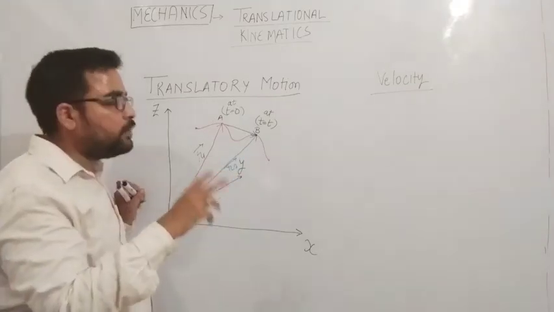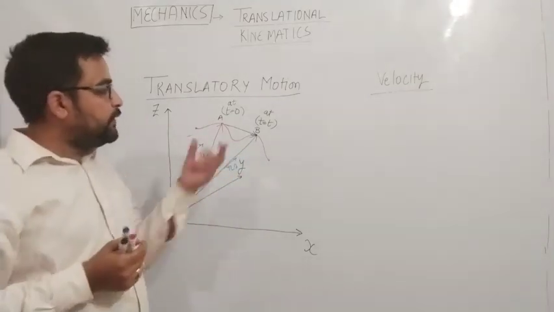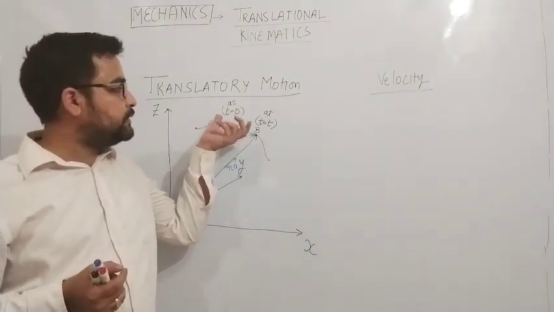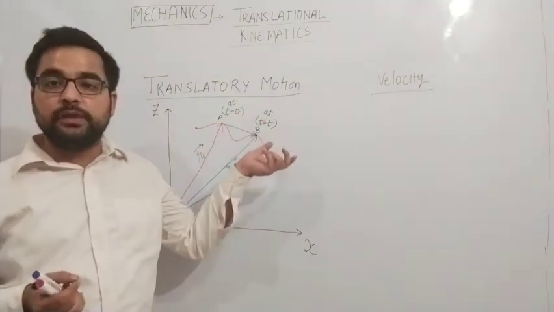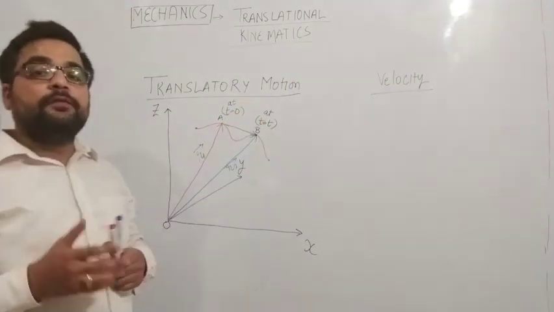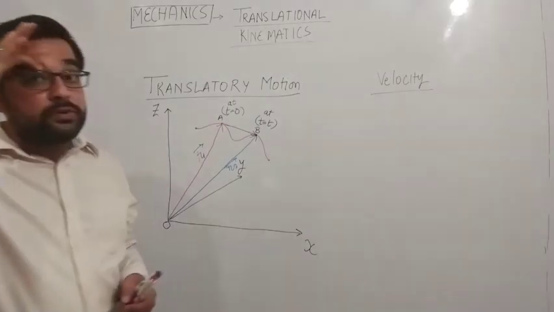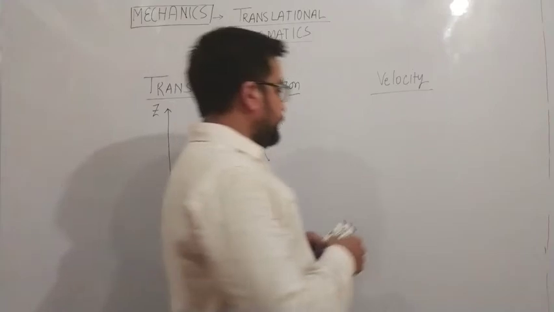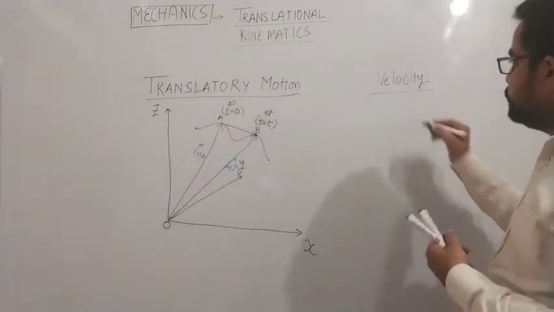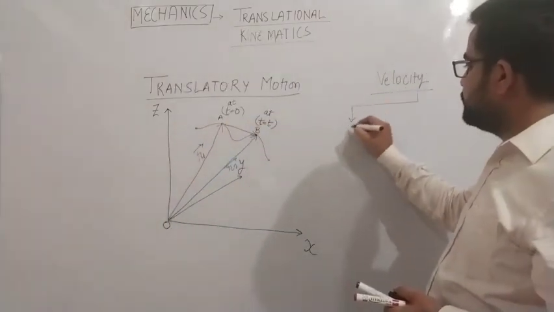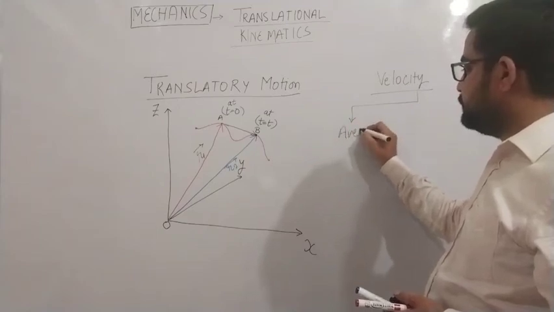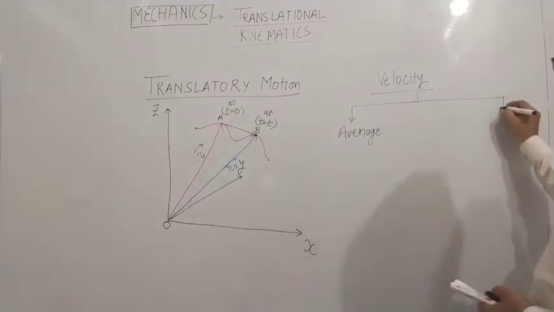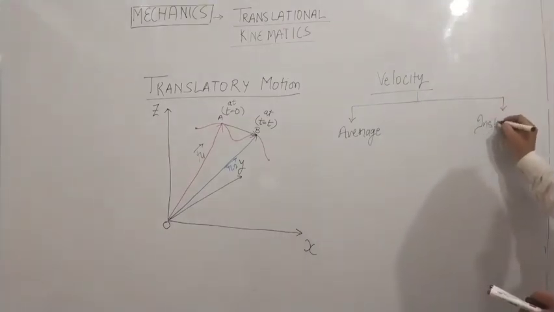And the second is the velocity between some given time interval, that is from t equal to 0 to t equal to t. So accordingly the velocity has two values. One is the average value, that gives your average velocity, and another is instantaneous.